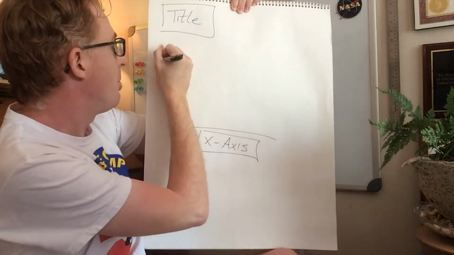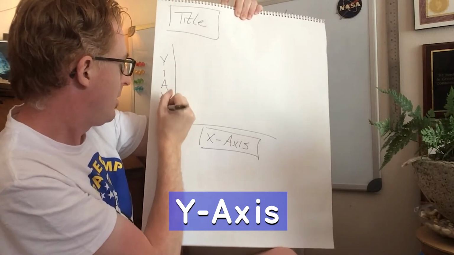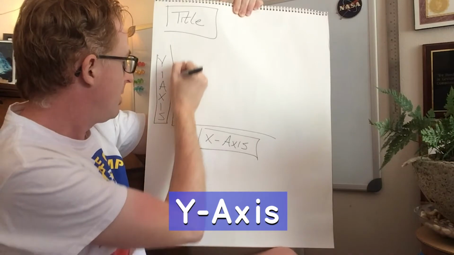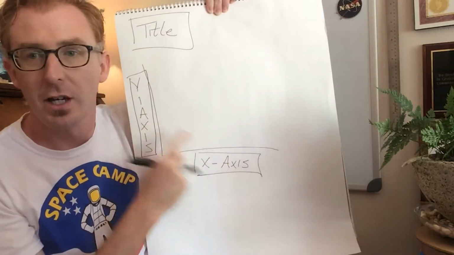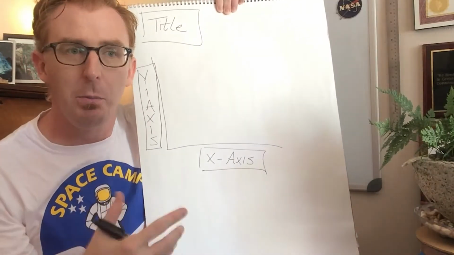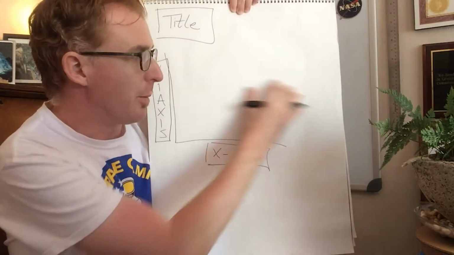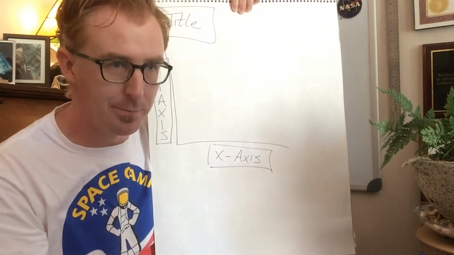And then the vertical backbone section is our y-axis. Each one of those pieces of information helps us to plot or organize data in a set way to represent how the main body of the graph is going to look.